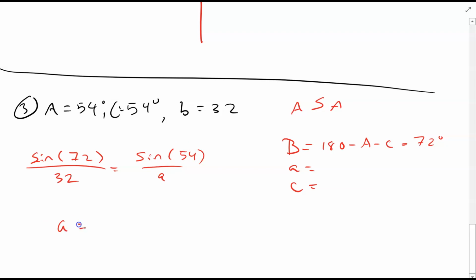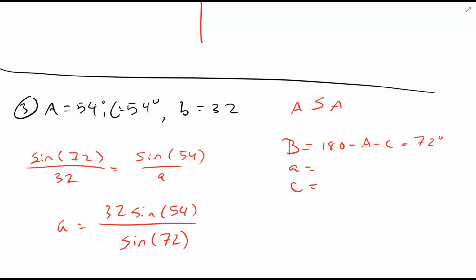If I cross multiply and divide, I have this. And when I type that into my calculator, what do I get here? I get about 27.221.